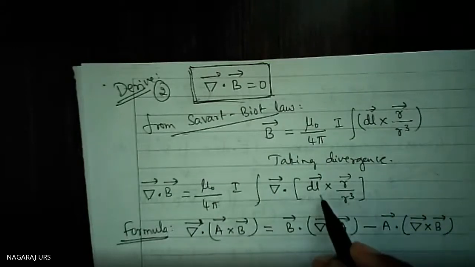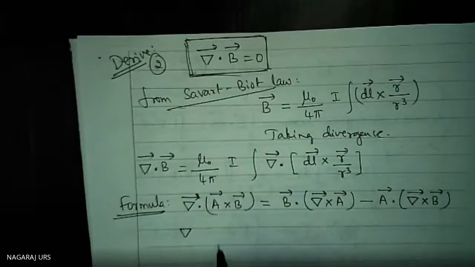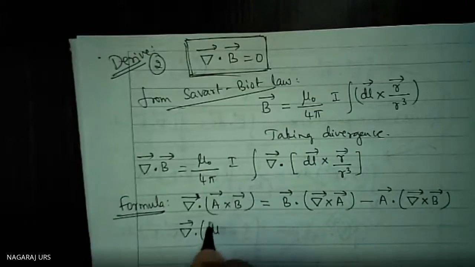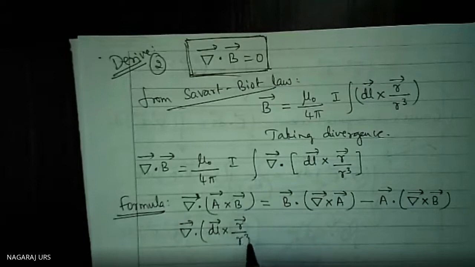Apply this one to here. I said I will write, if you want I will write del dot dl cross R divided by R cube. So here A is dl, B is equal to R divided by R cube. A is equal to dl, and B is equal to this.